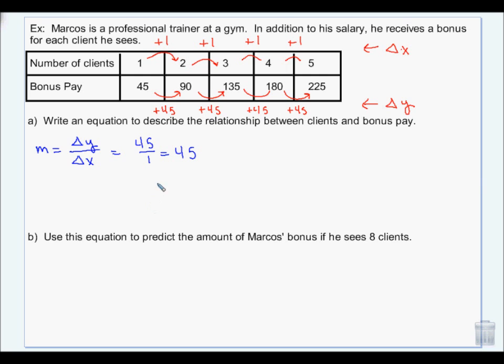We can double check that. 1 times 45 is 45. 2 times 45, 90. 3 times 45, 135. 4 times 45 is 180. 5 times 45 is 225. So if I multiply by 45 each time, this is true. You want to always double check that. Does that make sense?